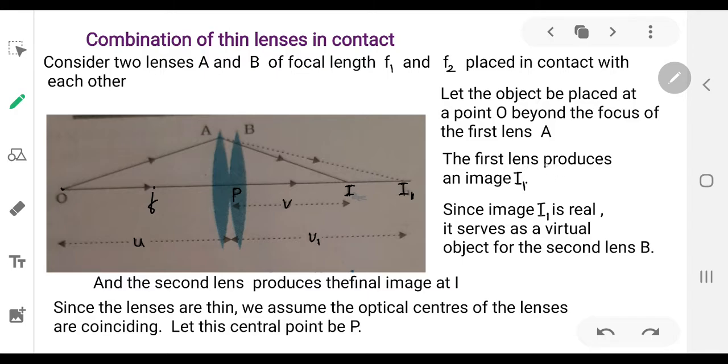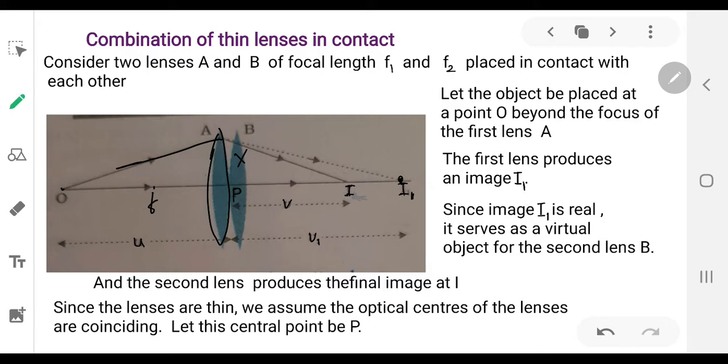Now, the first lens produces an image I1. Here we are considering the final image formation in two steps. First, you have to assume that only one lens is there. The second lens is not there. So, when the incident ray from the object O is incident on the first lens, it gets refracted and produces the image at I1.